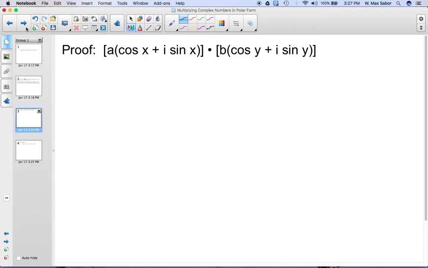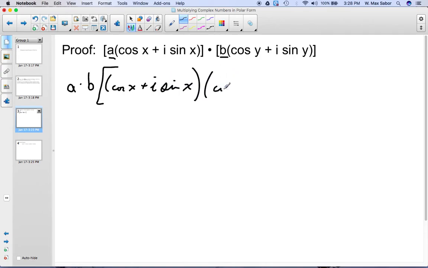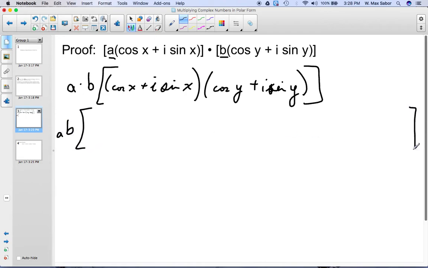By the commutative property, I can rewrite this as a times b all at the front of the expression, a times b, and then we have cosine x plus i sine x times cosine y plus i sine y. Now we're going to use multiplication. So distribute these.